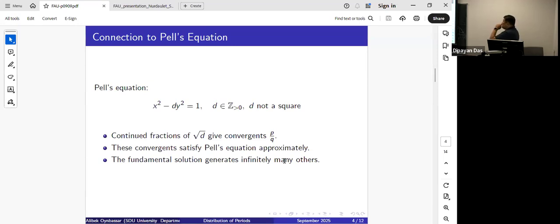To prove our problem, we connect it to the Pell equation. Shortly, what is the Pell equation? I hope everyone is familiar with it. We are looking for integer solutions when d is a positive integer and not a perfect square. The two are equivalent because they have the same convergents p over q, and they satisfy both.